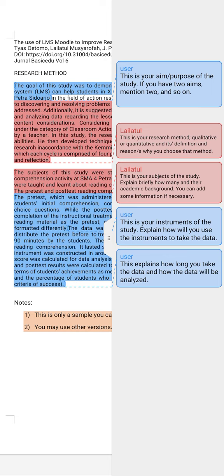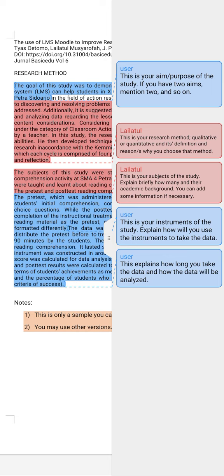I do not make a PowerPoint, but to make it clear, I give you a sample. The sample of a research article has the title: the use of LMS model to improve reading comprehension skill. The sample is using CAR or classroom action research.